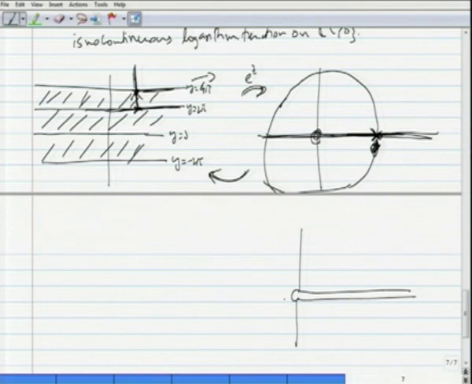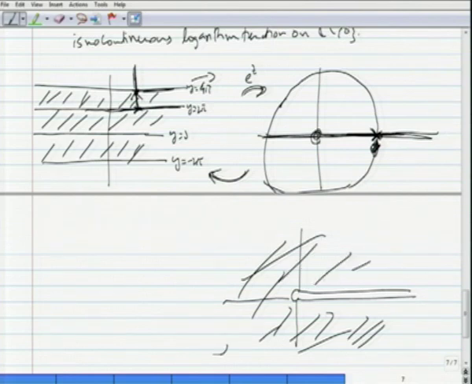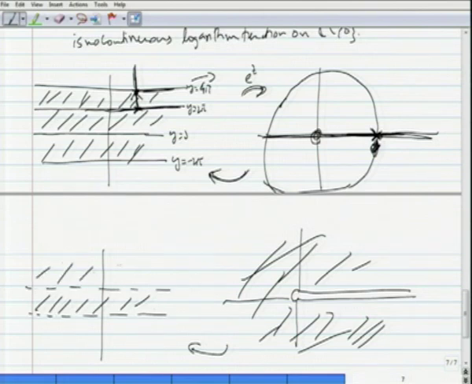So that the image under this multifunction is now a bunch of horizontal strips with that line missing. These are lines y equals 0, y equals 2 pi, y equals 4 pi, etcetera.